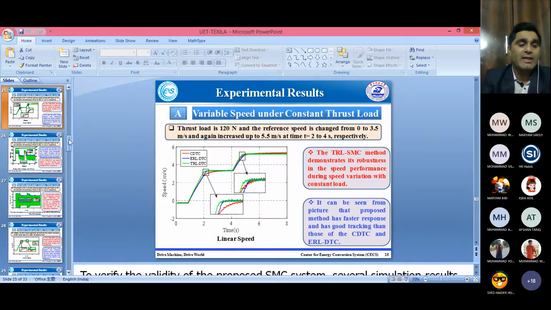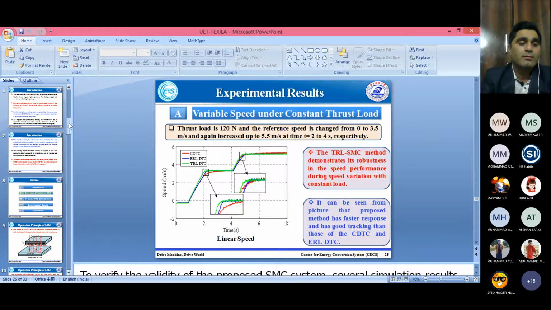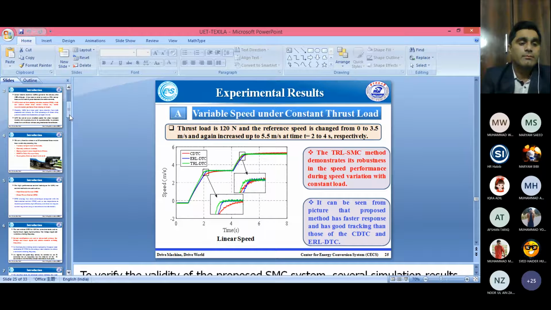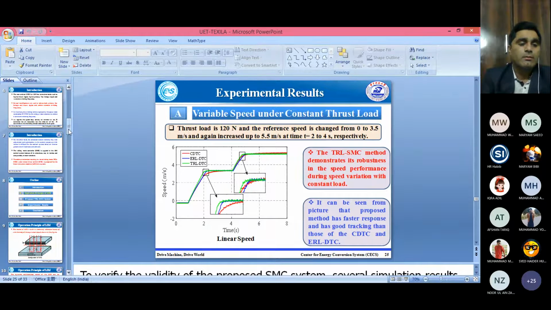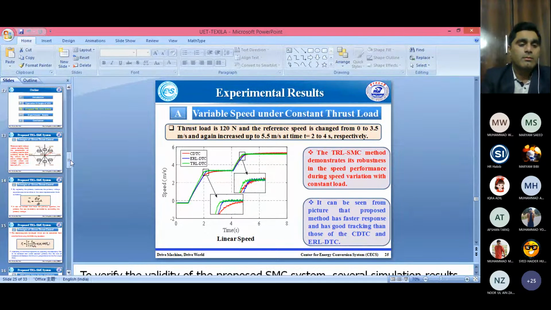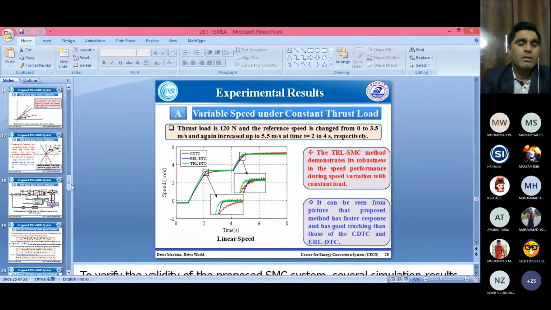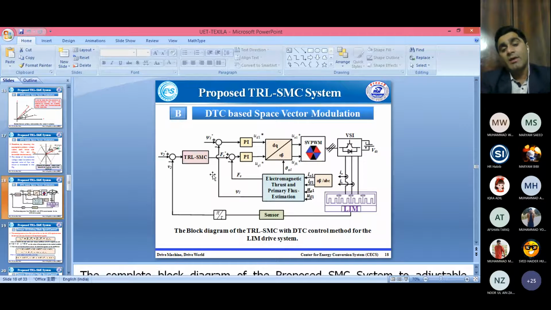For example, I want to show you the block diagram again. So here is the block diagram. For the conventional DTC, here is a PI controller. For the proposed method, there is a TRL SMC.